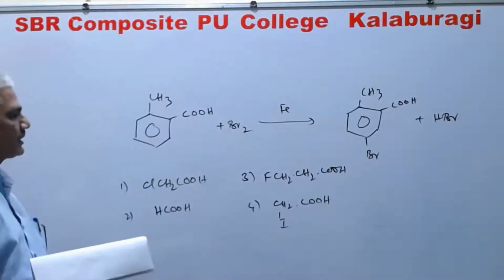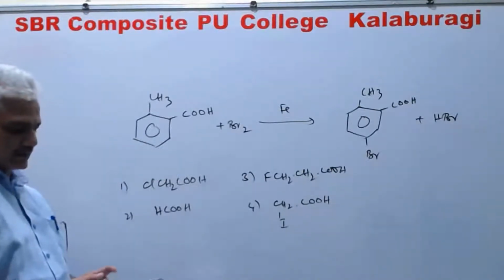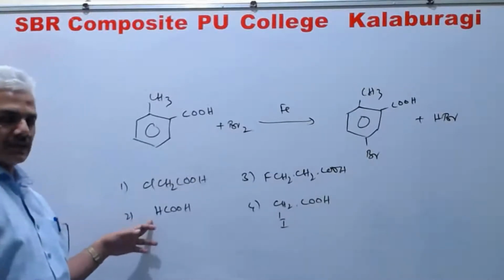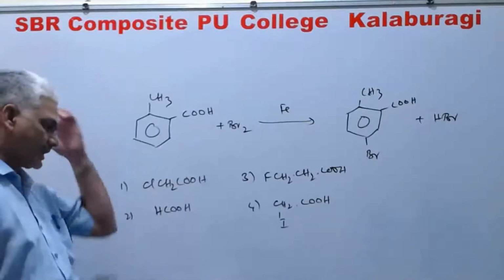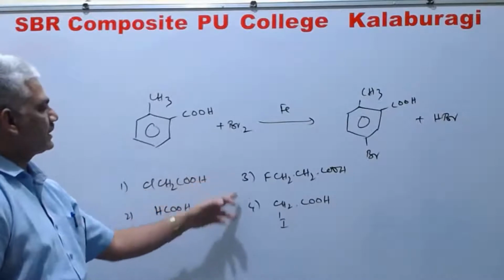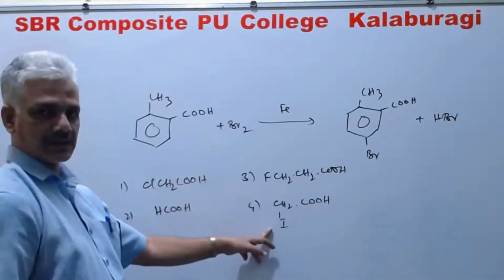Among carboxylic acids, the presence of an electron withdrawing group increases the acidic strength. Formic acid is a special case. It is the strongest among the carboxylic acids due to the absence of an electron releasing group. In the remaining three options, chlorine, fluorine, and iodine are present.